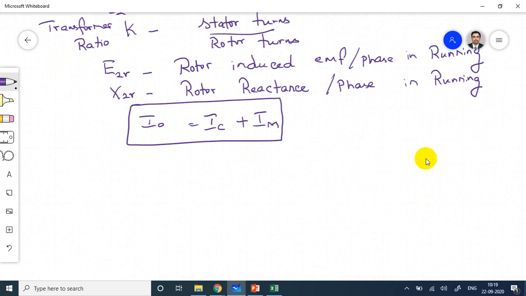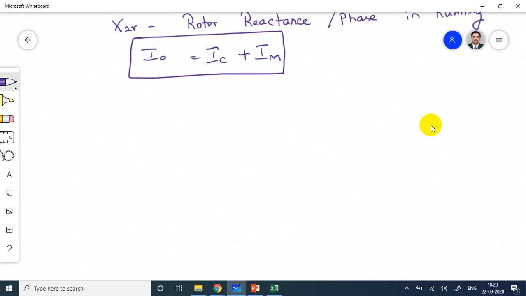Now I am drawing the simple equivalent circuit, the basic equivalent circuit. Whether the screen is visible, how to draw the basic equivalent circuit.